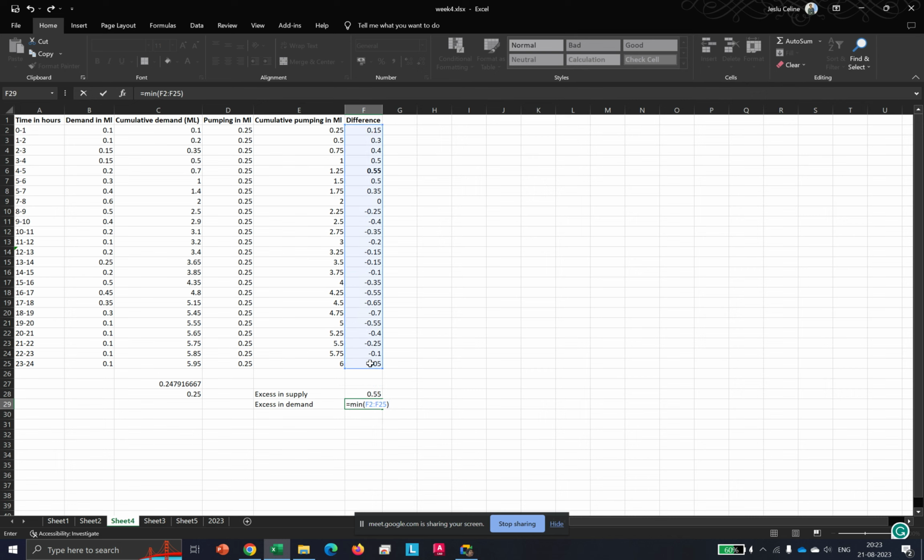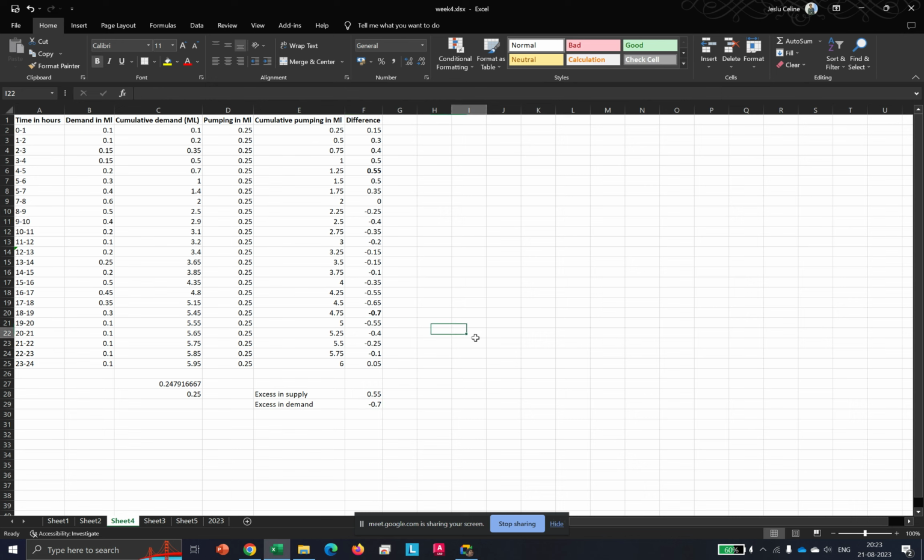So I'm taking the minimum value of all this. Why? Because since it's negative, the maximum negative value is actually the minimum value, right? So I'm taking the minimum, so we'll get minus 0.7, which is happening somewhere over here. So that's when the demand is very much more than the supply.